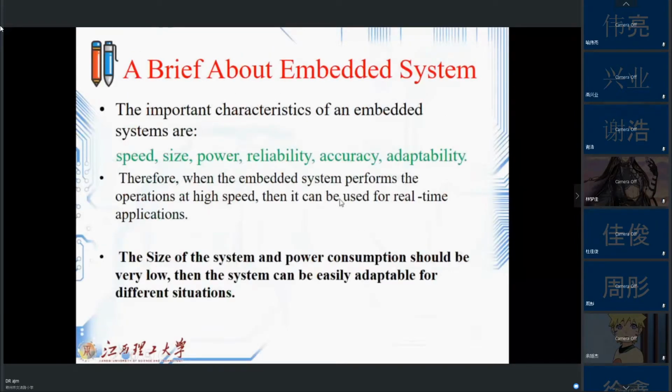Some important characteristics of embedded systems are speed, size, power, reliability, accuracy, and adaptability. What I mean is, suppose you compare the mobile phone that you used last year with the mobile phone you are using today.